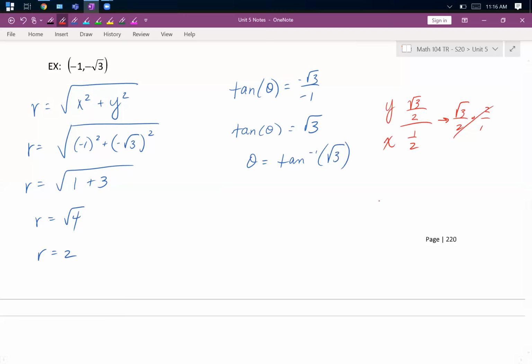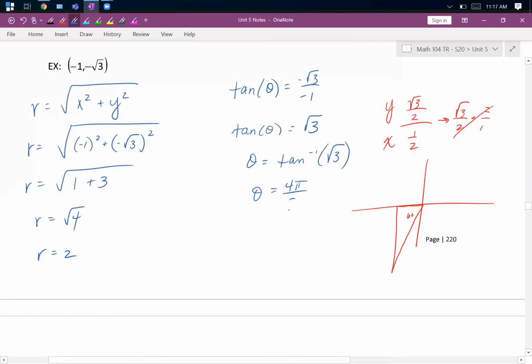So I need to come up with this angle in the third quadrant. X is the short one. Y is the long one. So that's got to be a 60-degree reference angle there in quadrant 3. So that makes theta 4 pi over 3.